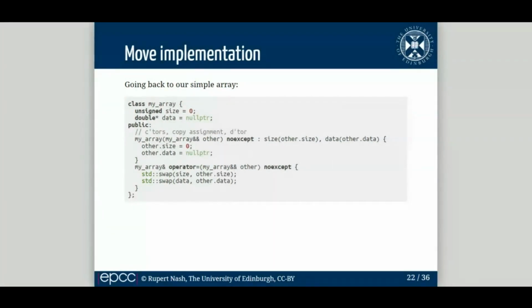This is a condition needed when we use the containers that we have seen in the previous lesson in order to move data. If this condition is not met, if we don't specify this keyword, the data will be copied rather than moved. So that's why we are specifying this noexcept here.